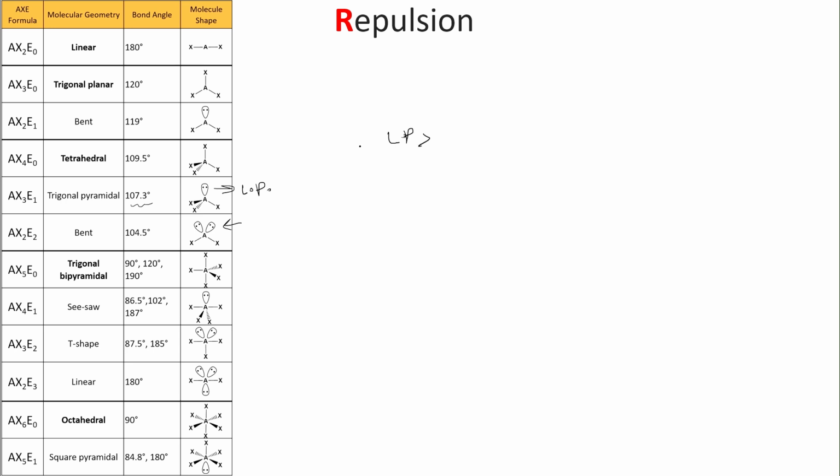The series we did was that lone pair repulsion is more than lone pair bond pair repulsion, which is more than bond pair repulsion. So since there is a lone pair repulsion now, the bond pairs will be forced to come together even though there was repulsion between them.